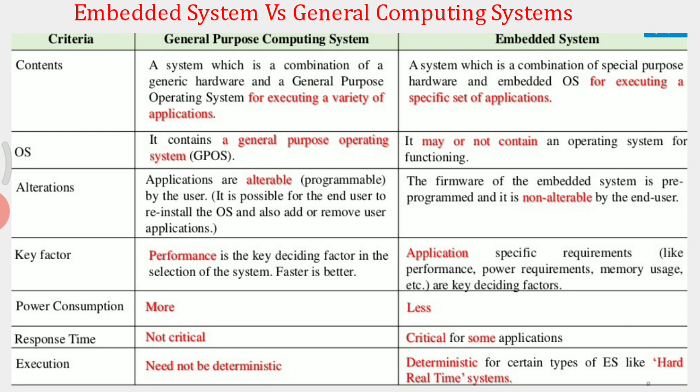Whereas in embedded systems, application specific requirements like performance, power requirements, memory usage, and hardware are the key deciding factors. The next criteria is power consumption, where a general computing system consumes more power than an embedded system.